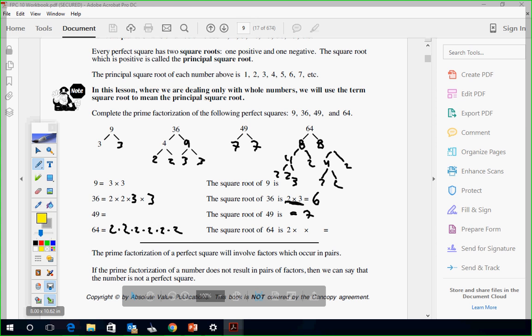So what groups do we have? We have 1, 2, 3 groups of 2. So that means it's 2 times 2 times 2. We had three groups of 2s, which equates to 8.